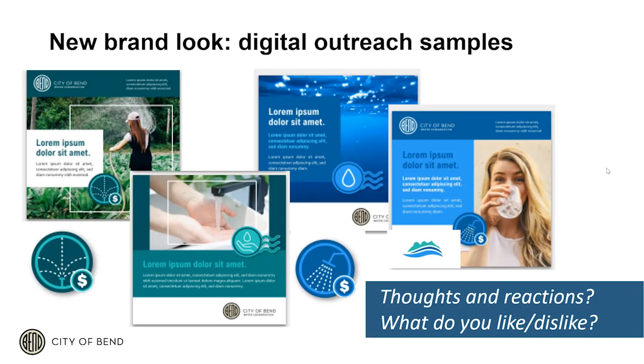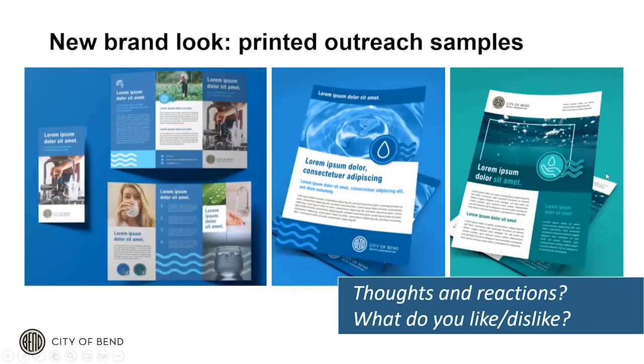I think we've got social media templates here. So these would be used mostly in our social media posts. I think the next slide, Aubrey, we had some of the print or flyer templates that we might use for information. Again, just really assigning one color.